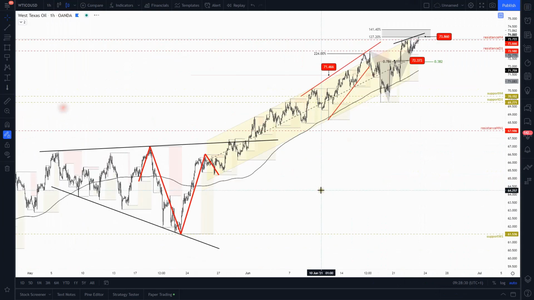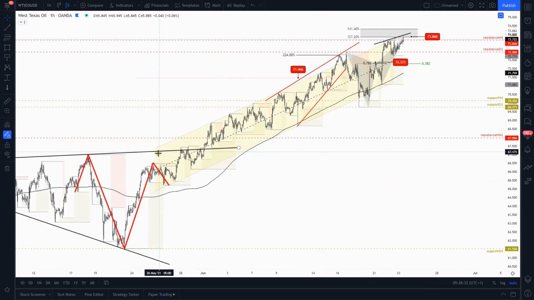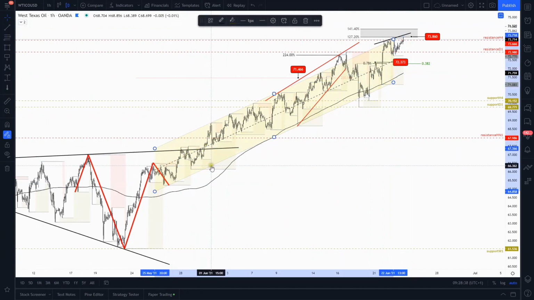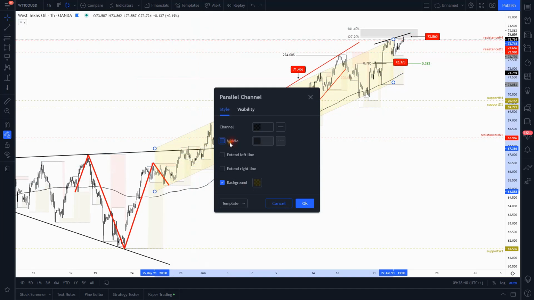One hour time frame, 60 minutes. Look at this channel for crude oil. Look at the midline. You can activate this middle line channel in your options.